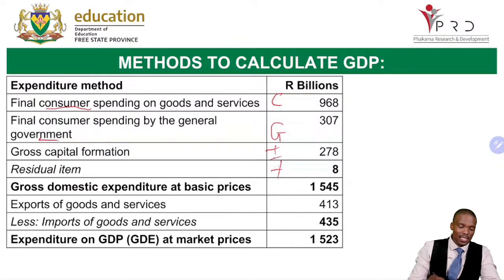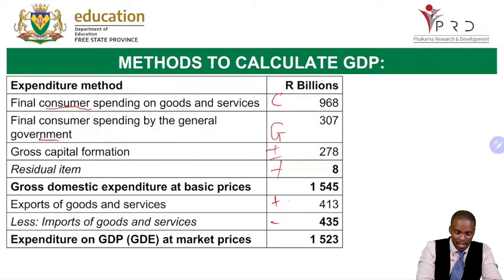Okay? Then down there, it gives us what you call the GDE at basic prices, or gross domestic expenditure at basic prices. Then what do you do then? After that, you add your exports, then you minus your imports there.